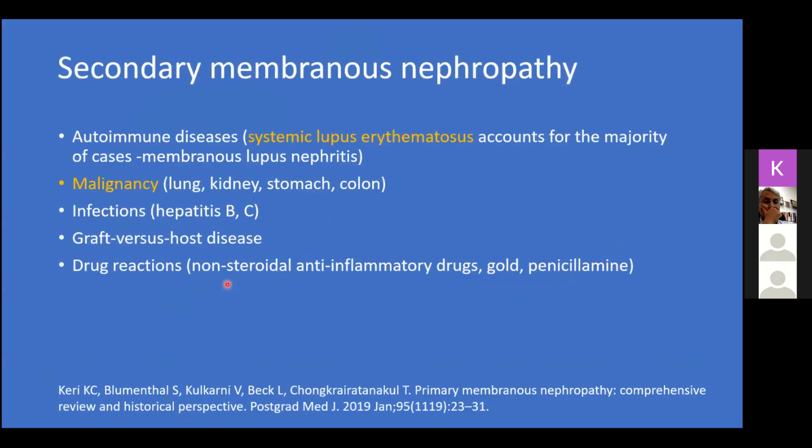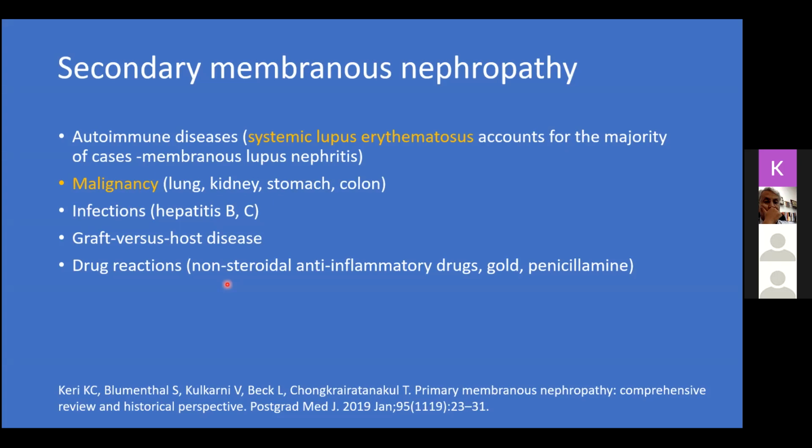So, the most common causes of secondary membranous nephropathy. The first and most important is autoimmune disease, systemic lupus erythematosus. It accounts for the majority of cases of membranous lupus. Malignancies like lung carcinoma, renal cell carcinoma, and carcinoma of the stomach and colon can also cause secondary membranous nephropathy.